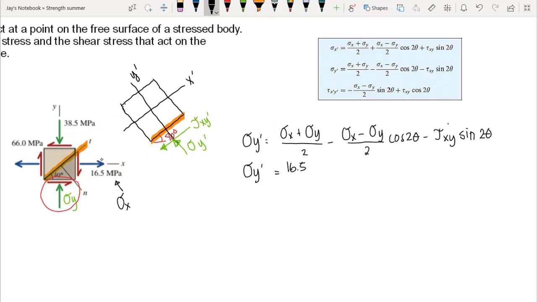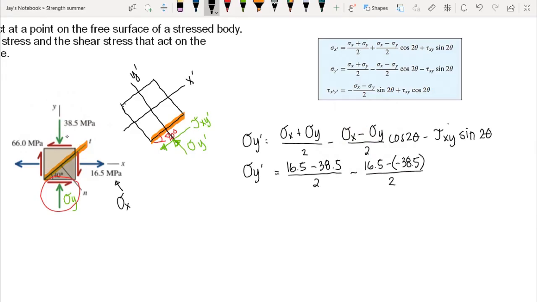Now our sigma y here is this normal stress. We know this is in compression, so therefore this is negative. So we have negative 38.5 over 2, minus, let's copy sigma x, 16.5. Now we know that sigma y is negative, so we have negative minus 38.5.